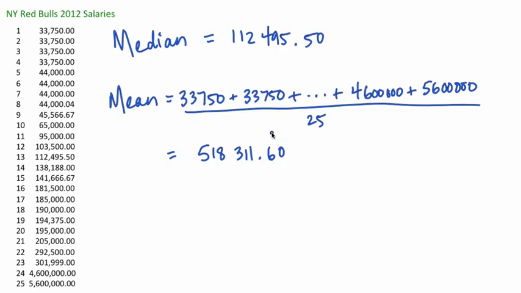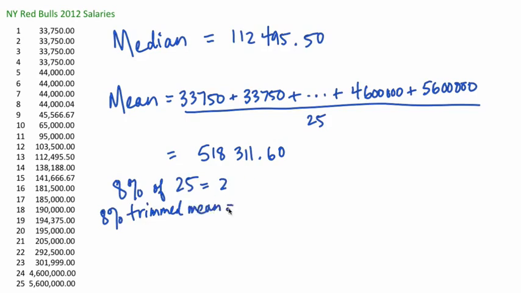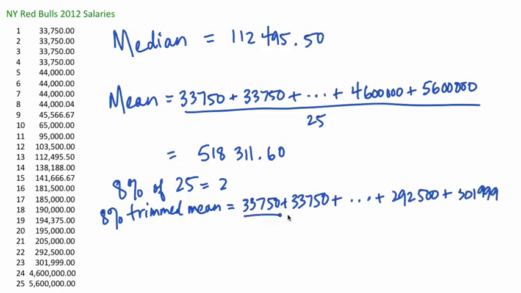If we want to remove their influence, we can use a trimmed mean. 8% of 25 is 2, so an 8% trimmed mean would remove Marquez and Henry, as well as two players earning $33,750. The trimmed mean is the average of the 21 remaining salaries and is about $128,000, which is a value that is much more representative of the salaries of the rest of the team.